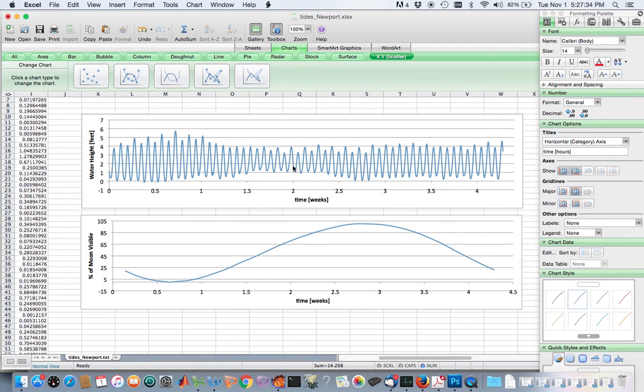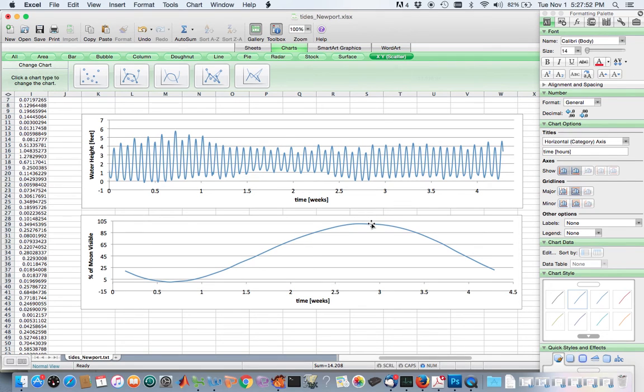Okay, and then near the end of the second week and near the beginning of the third week, we have this smallest tidal range.